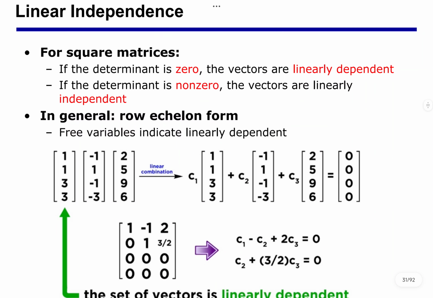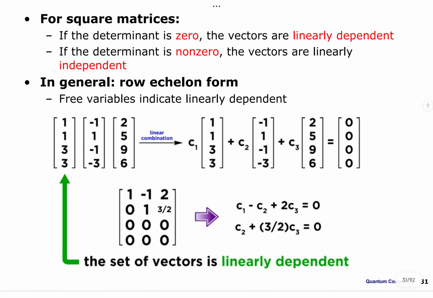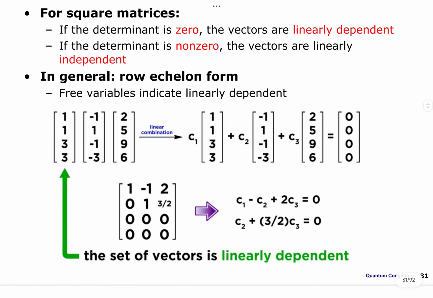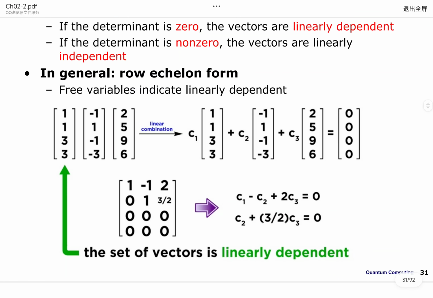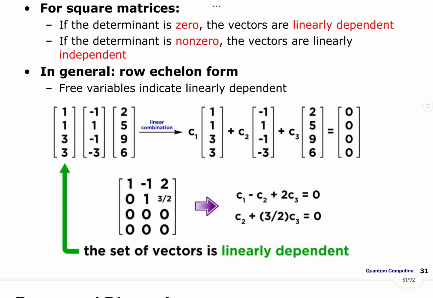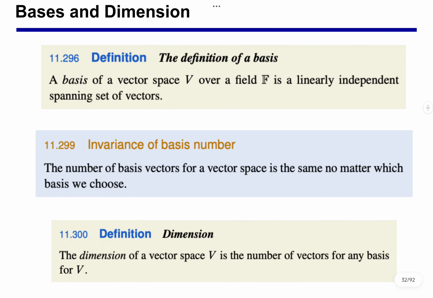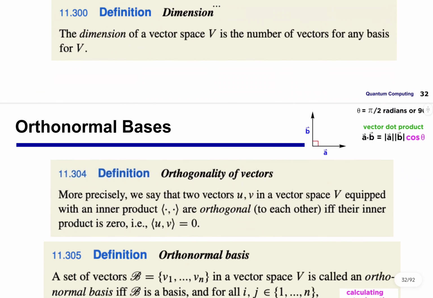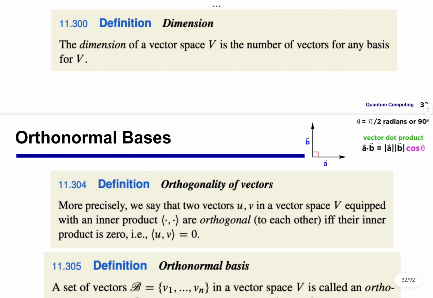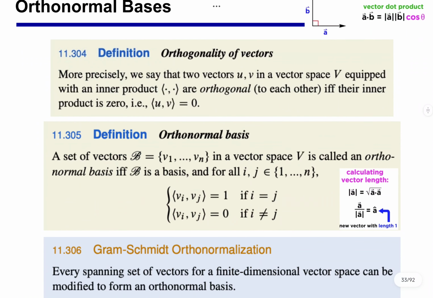Linear independence means that we cannot represent one by the similar thing. Basis and dimension. Dimension is the number of vectors in any basis. Also norm.